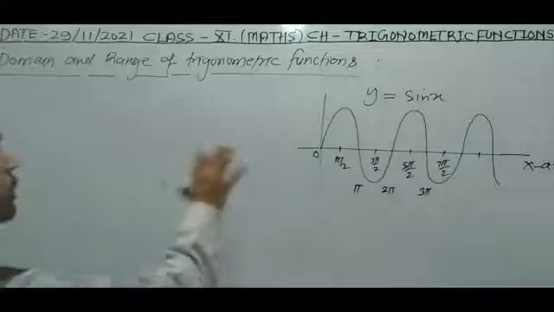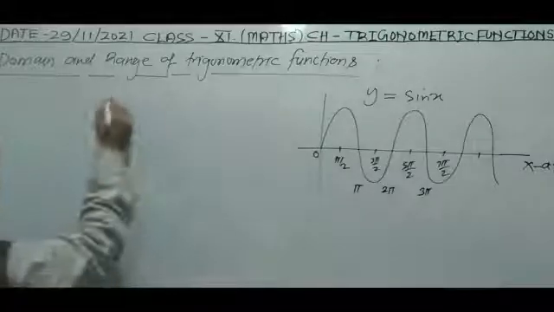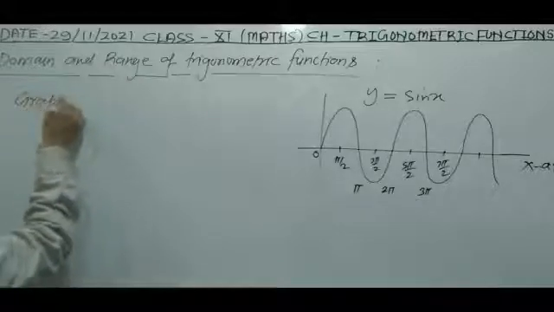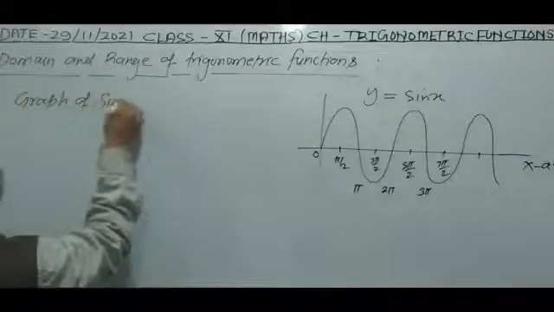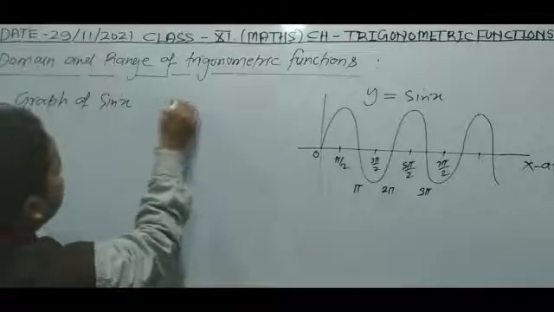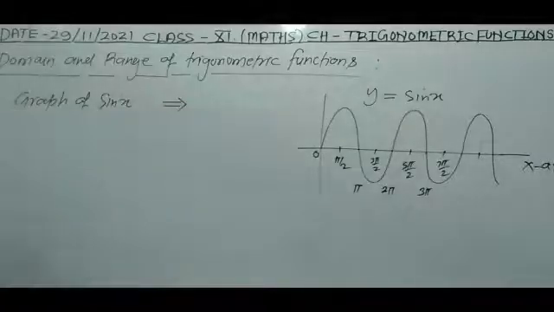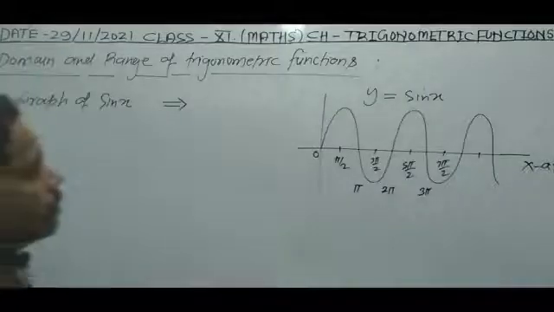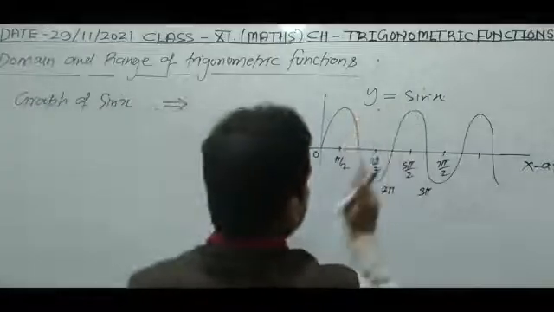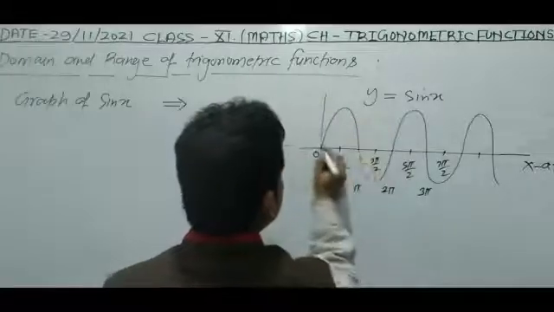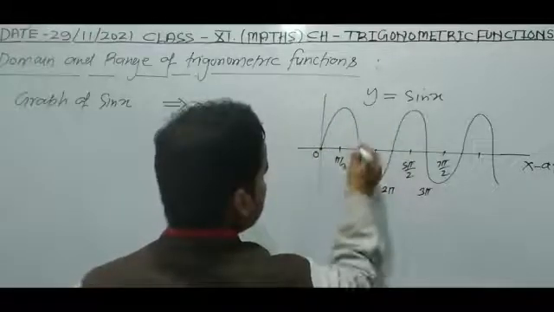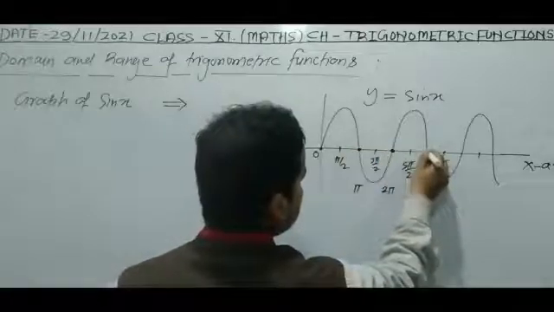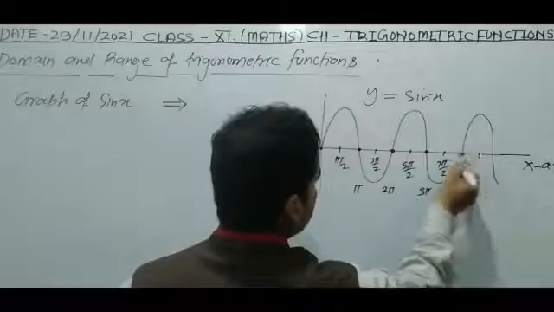This is the graph of sin x. Now sin x value is 0 means sin 0 is 0, sin pi is 0, sin 2 pi is 0, sin 3 pi is 0, sin 4 pi is 0.